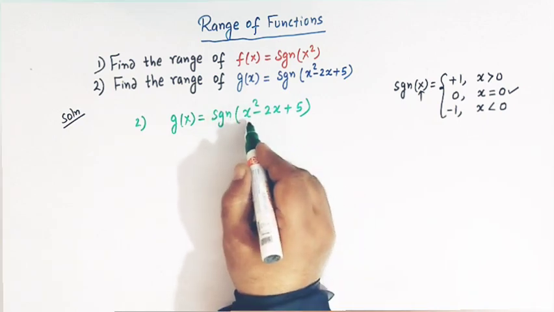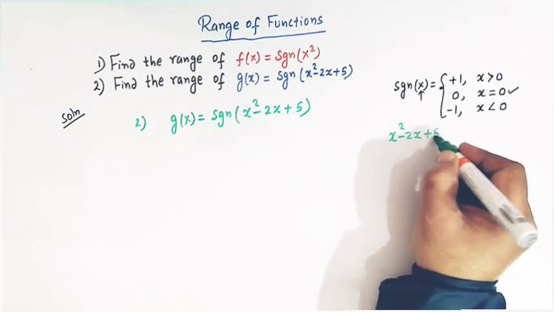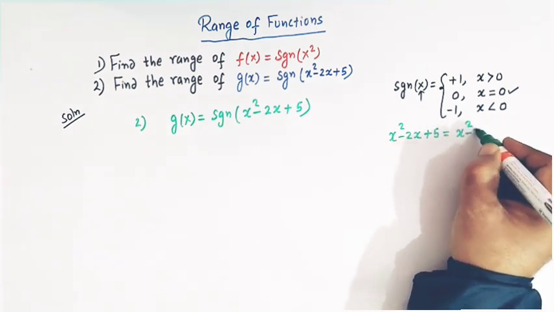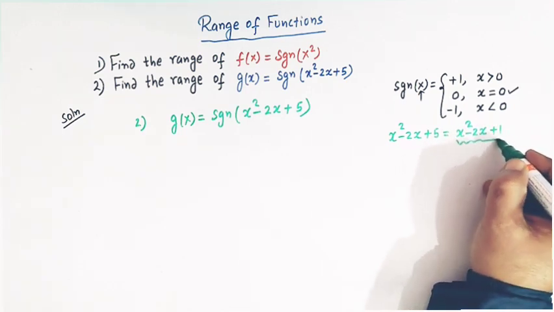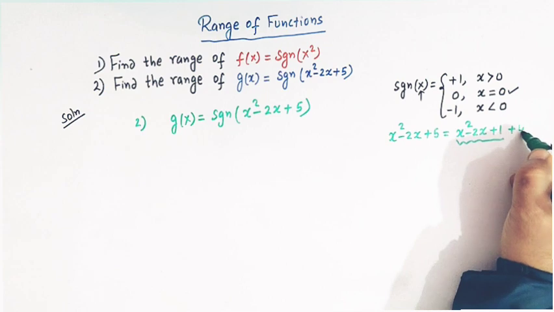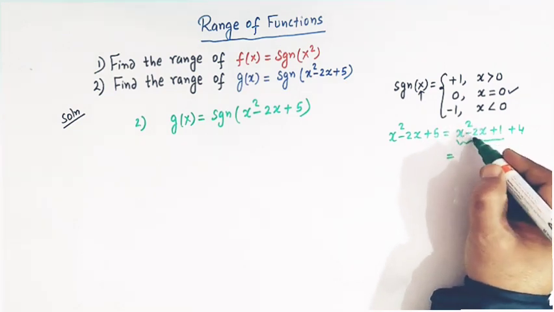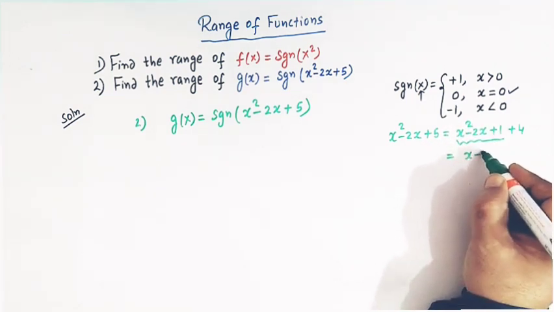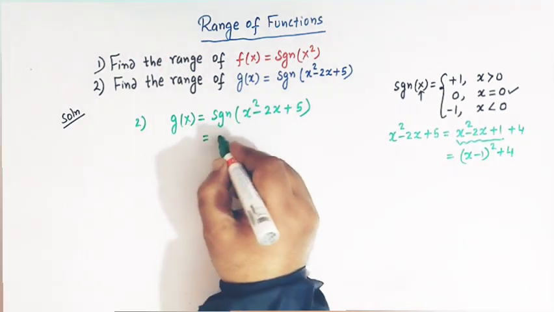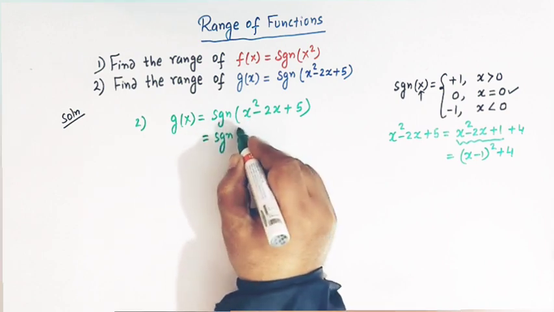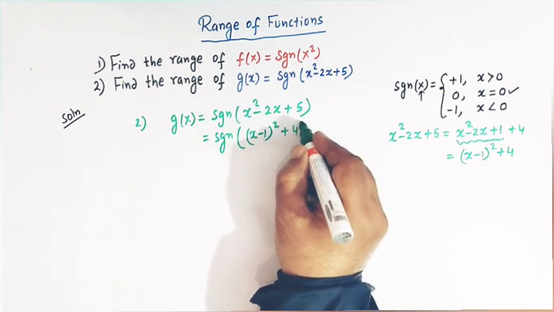Let us rewrite x square minus 2x plus 5 as x square minus 2x plus 1, because we are going to make it a perfect square, and here we write plus 4, so that 4 plus 1 is equal to 5. So x square minus 2x plus 1 is equal to (x minus 1) whole square, plus 4.